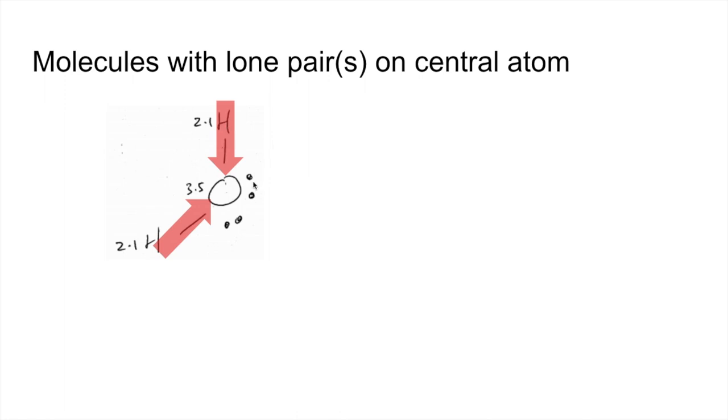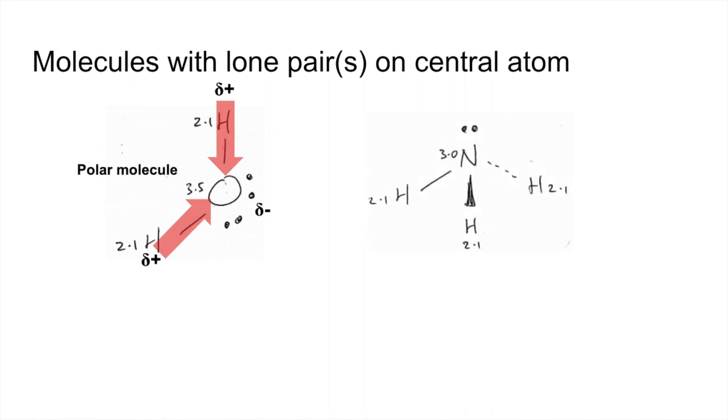You can see the lone pairs have caused the molecule to not be symmetrical, and so these dipoles can't cancel out. Because of that, the hydrogens are slightly positive, the oxygen is slightly negative, and so the overall molecule is polar. Another example we can look at is ammonia, NH3.